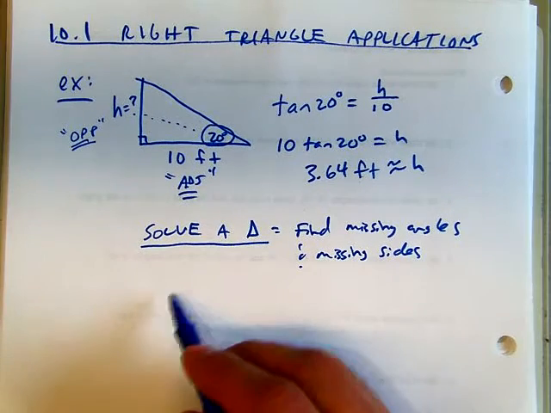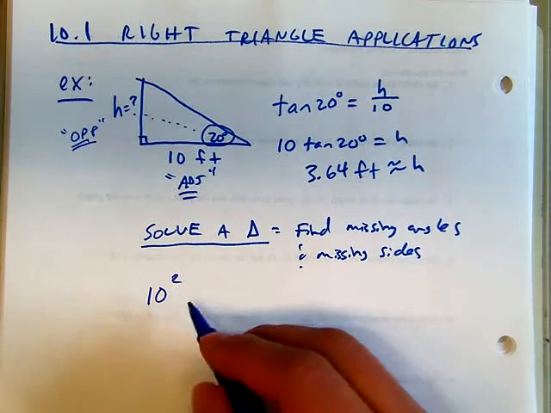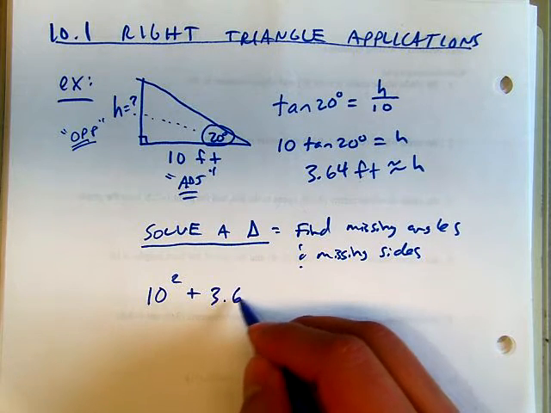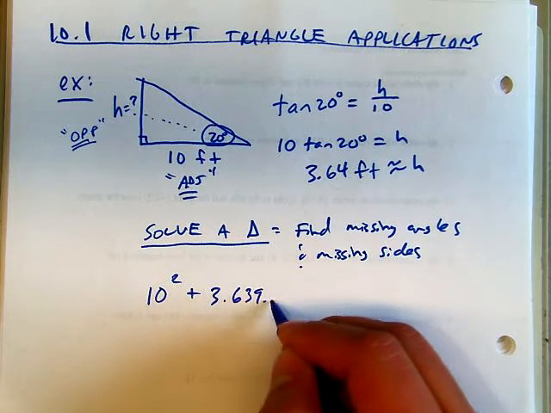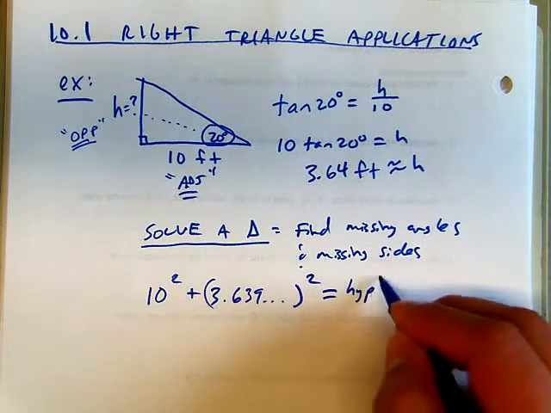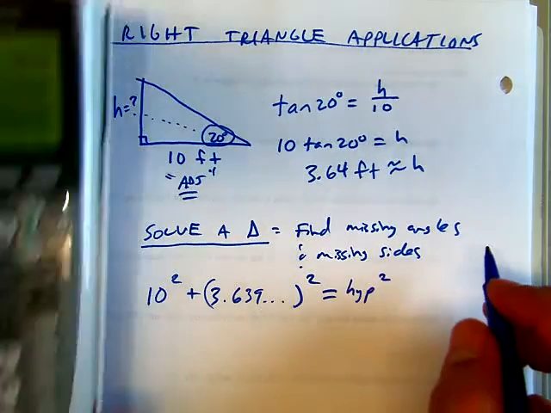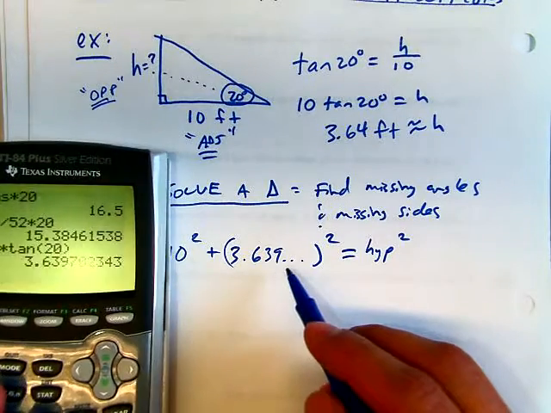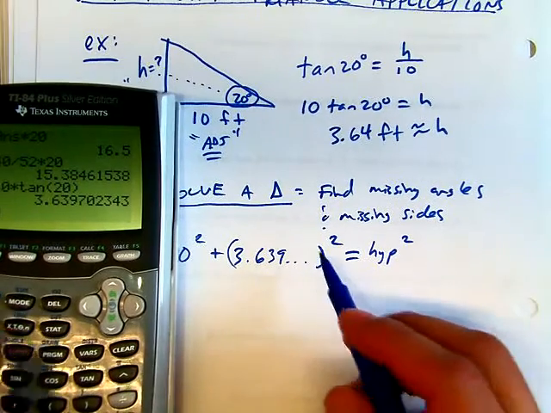So we could do 10 squared plus 3.639, etc. squared equals the hypotenuse squared. To get an approximation, I would actually use this entire decimal value.